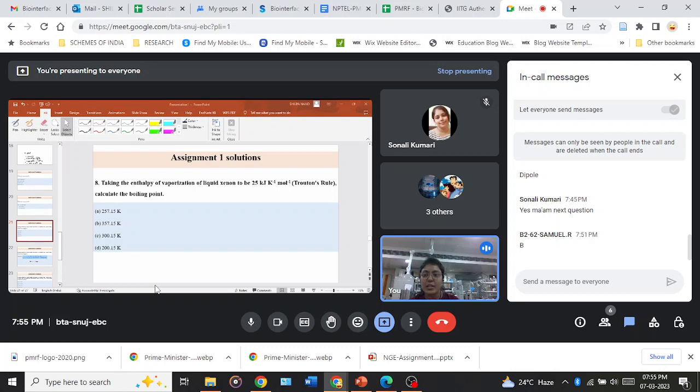So the options here given are 257.15 Kelvin, 357.15 Kelvin, 300.15 Kelvin, and lastly 200.15 Kelvin.